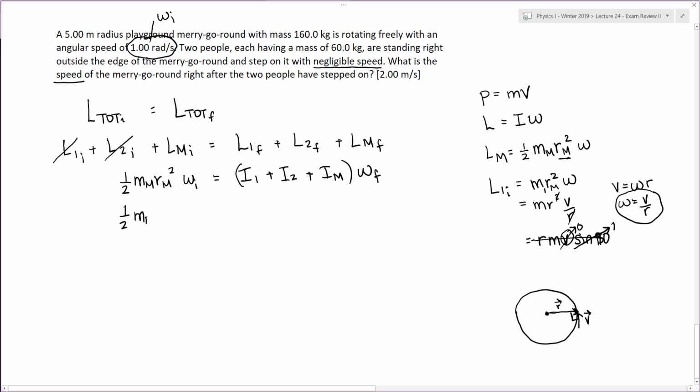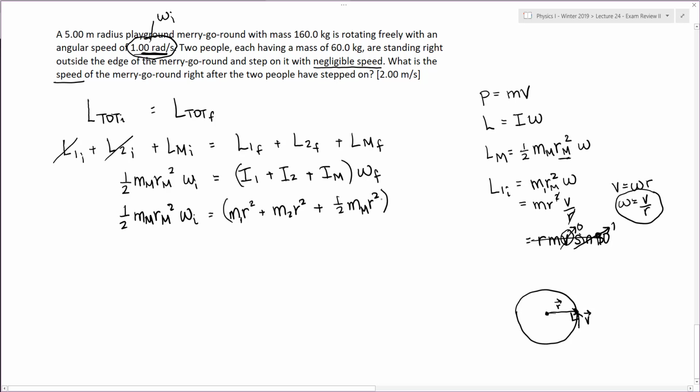So I have 1/2 mass of the merry-go-round, radius of the merry-go-round squared, times angular velocity of the merry-go-round. I'm keeping that as an angular velocity because that's what's given to me, equals the moment of inertia of the first person. Now we're treating them as particles, so it'd just be mr squared of the first person plus mr squared of the second person plus the moment of inertia of the merry-go-round is 1/2 mass of the merry-go-round r squared.